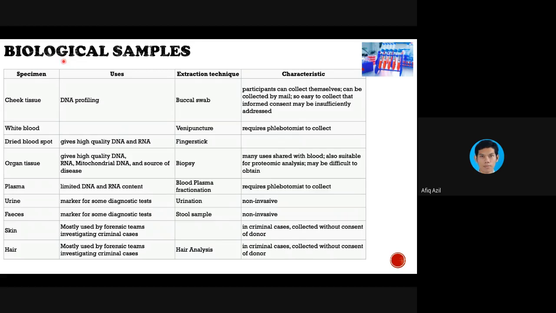So, examples of biological samples. First, we have cheek tissue. This one is to check for DNA profiling. And then dried blood spot. You can check your DNA or RNA with this, using the PCR method. For example, now they want to check for the COVID virus.